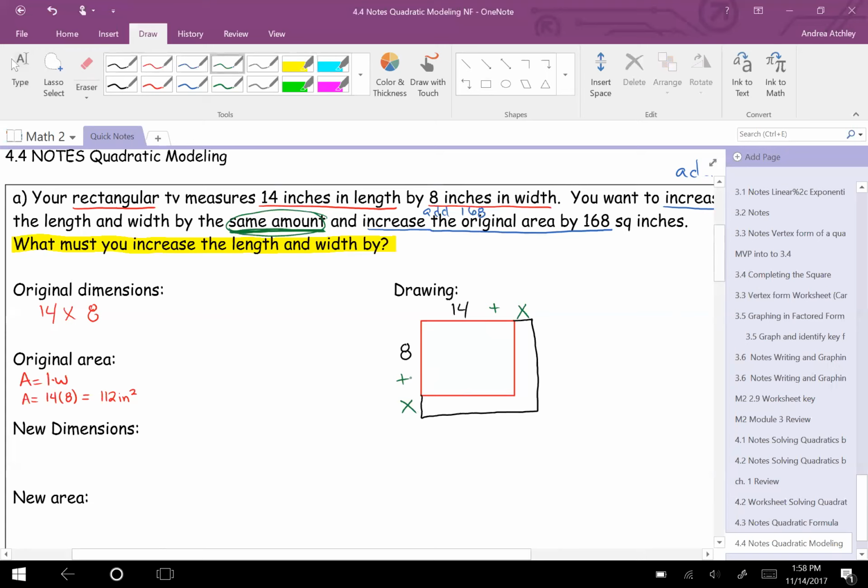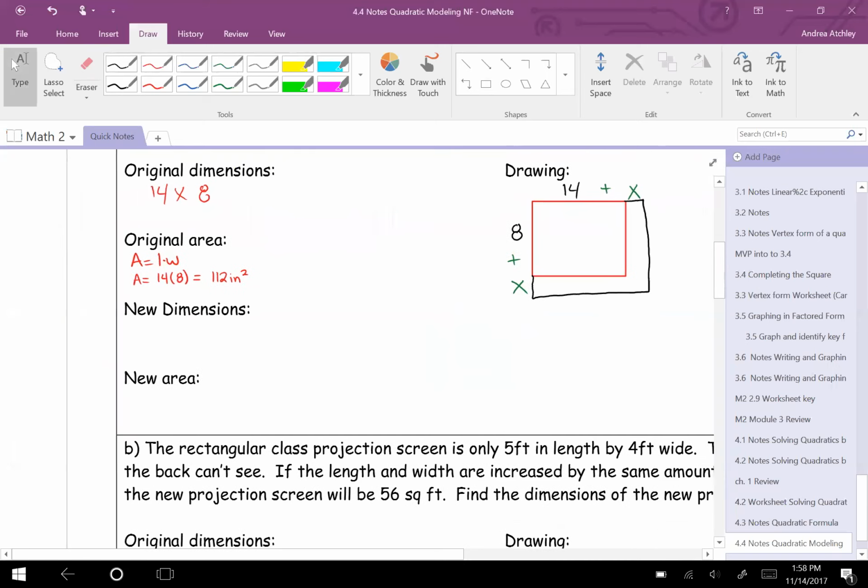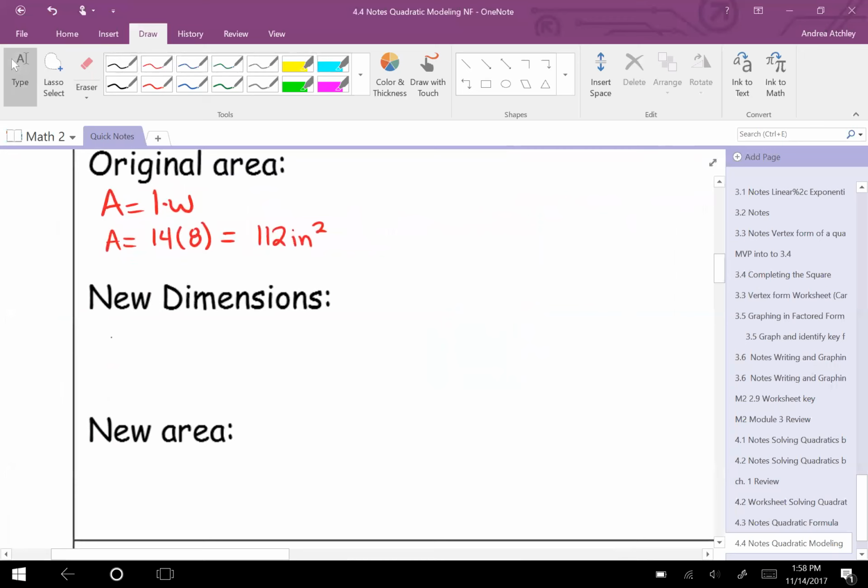Any questions over that? So my new dimensions now are the X plus 8 and the X plus 14.